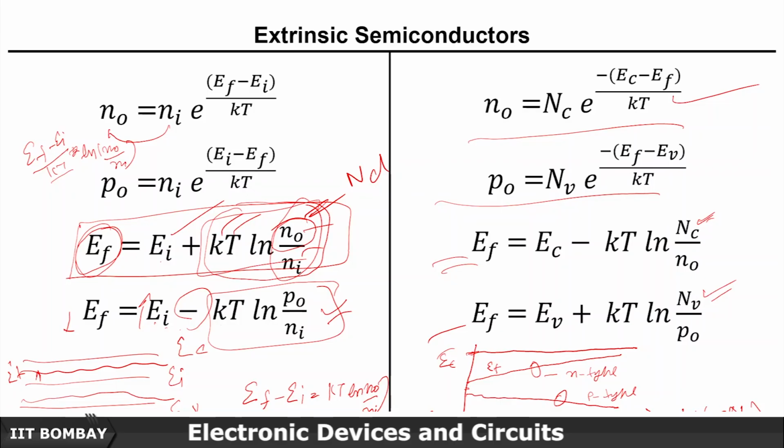KT log of N naught by Ni is equal to EF minus EI. So what does it indicate? This difference is increasing.